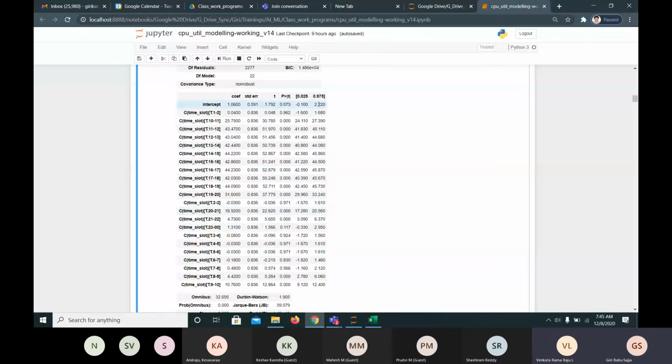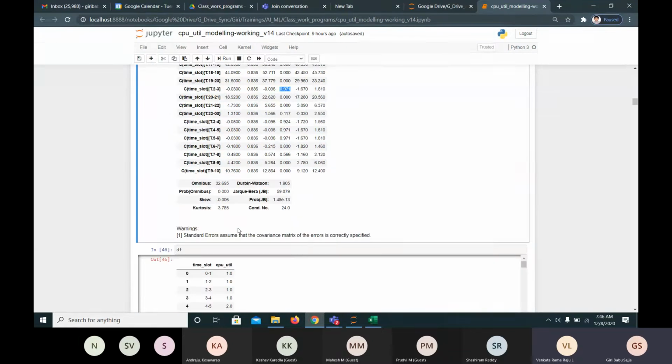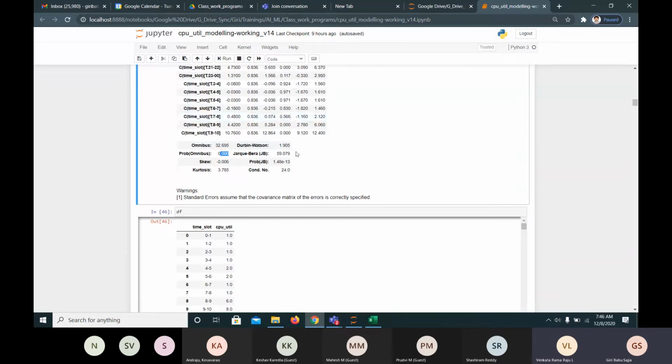So here, if you look at this one, there are at least some instances where the probability was very high, but otherwise the remaining are all good. And then going to this one, the overall probability, omnibus, that's how it is.